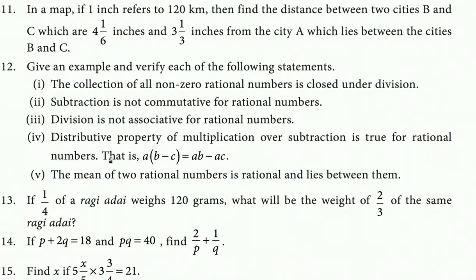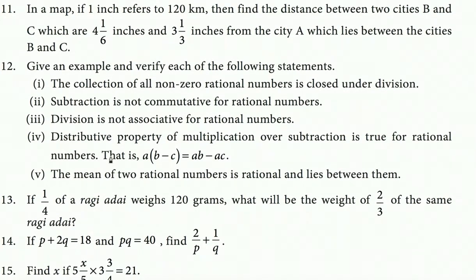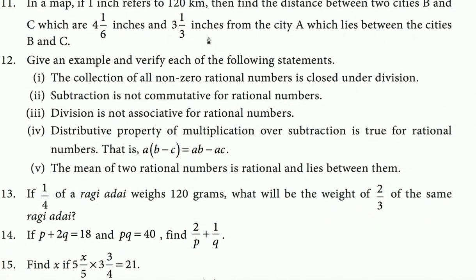In a map, if 1 inch refers to 120 km, then find the distance between two cities B and C, which are these inches and these inches from the city A, which lies between the cities B and C. Add these two up then. 25 by 6 plus 20 by 6, 45 by 6. 45 by 6 into 120.